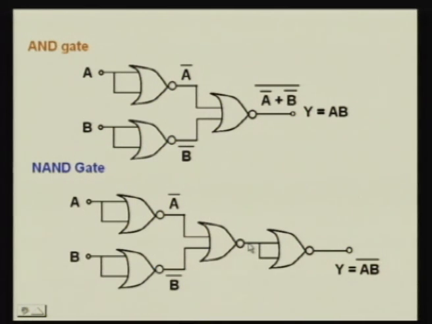Here we get the output Y is equal to AB, and if we apply this output to the last NOR gate, using it as an inverter, we will get Y is equal to AB bar, which is the output of a NAND gate. So we could see how we can use various NOR gates to realize different other gates.